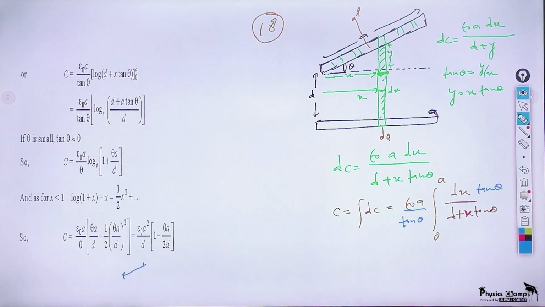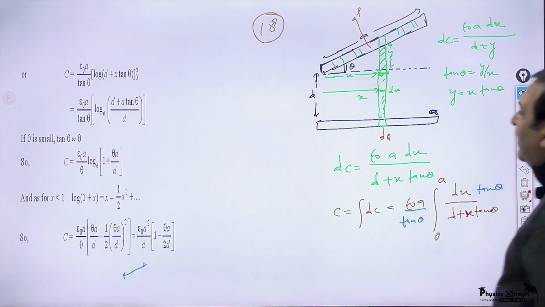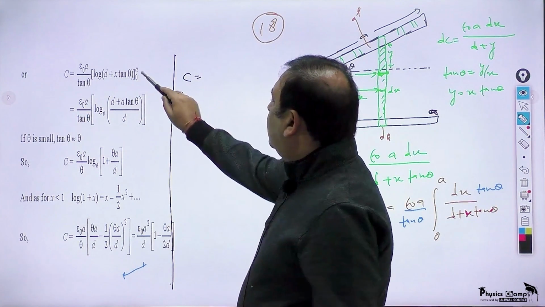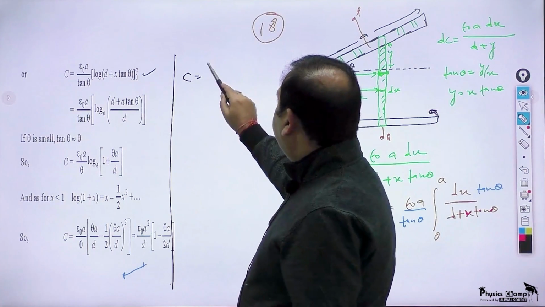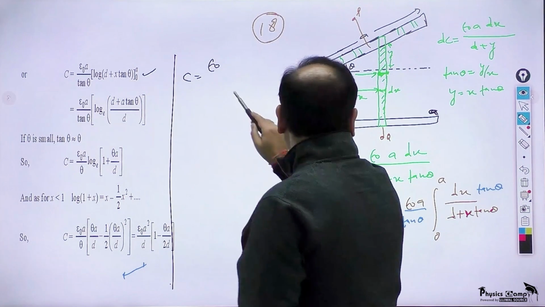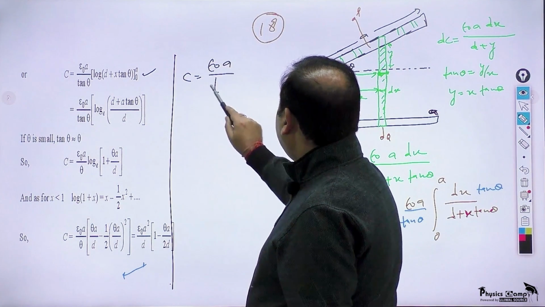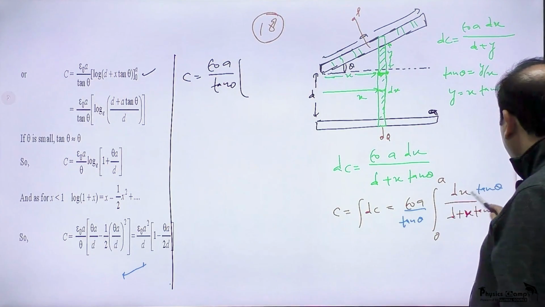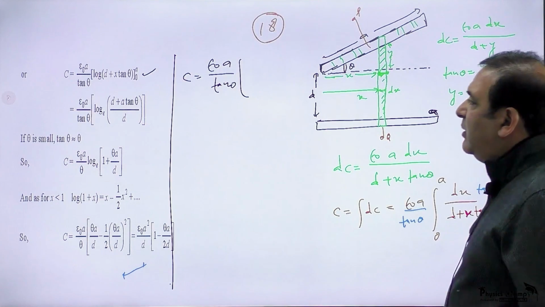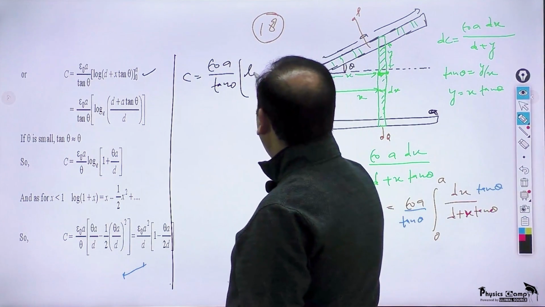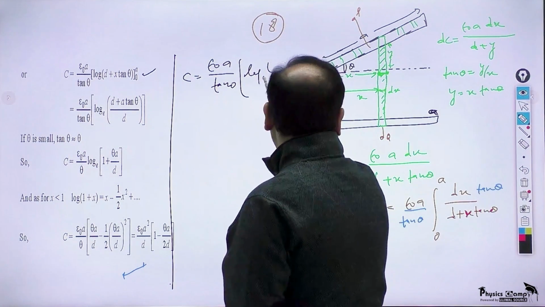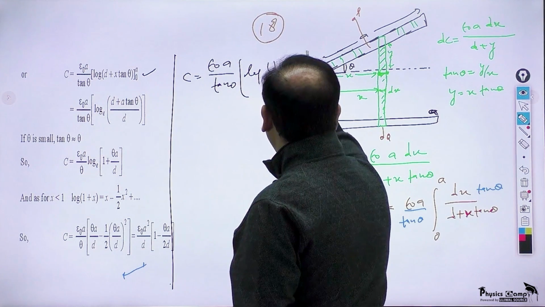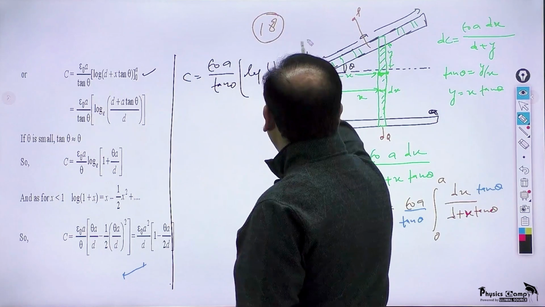And what we are going to get as capacitance C is epsilon naught a by tangent theta, and the integration of dx tan theta by d plus x tan theta would be log base e of d plus x tan theta. Limits are from 0 to a.